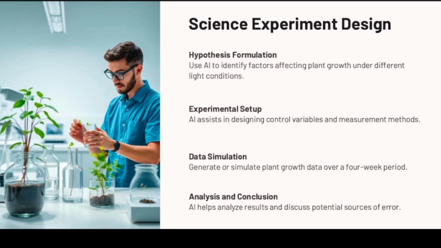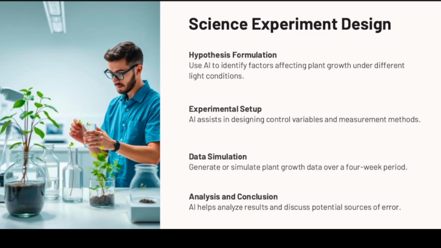The great thing about AI is not only can it help at the beginning, it can help students ask those questions and come up with what would be a good hypothesis to test. Once they decide on that, well, how could I set up an effective experiment to test that hypothesis? And experiment design is important. So those are good ways the student can engage with the material. Finally, data simulation.